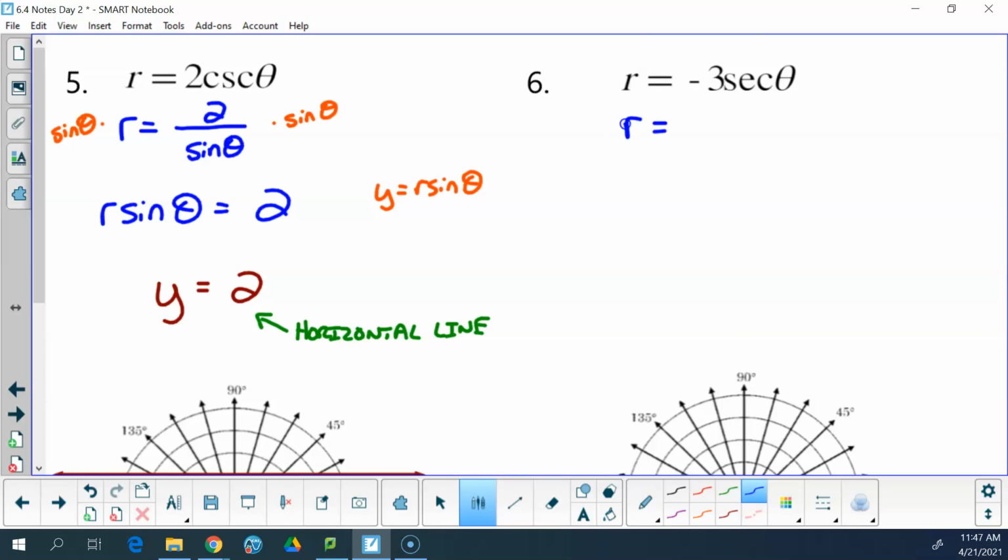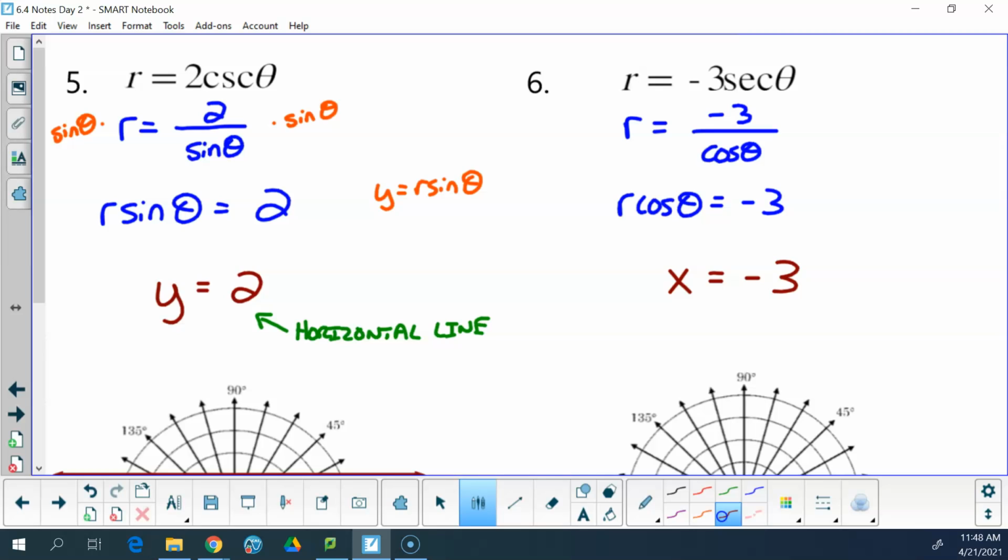So r equals -3 over cosine. Multiply both sides by cosine. That gives me r cosine of theta equals -3. R cosine of theta is x. So this is x equals -3.